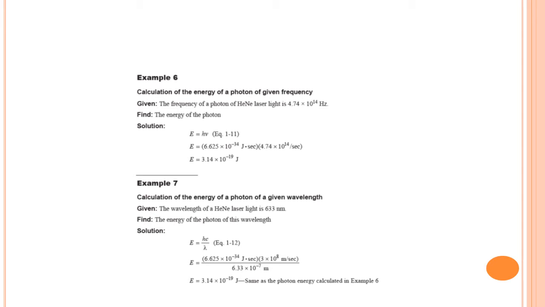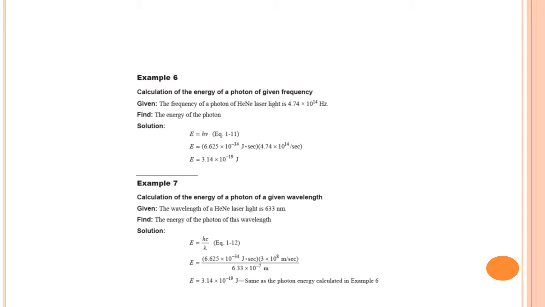So I could also find the energy of a photon by its wavelength. In example 7, we're given that the wavelength of the helium neon laser is 633 nanometers. So we have to find the energy. I'm going to use the equation that my energy is equal to hc over lambda, which is equation 1-12 in our textbook. Planck's constant h is 6.625 times 10 to the minus 34th joule seconds, and the speed of light in a vacuum is 3 times 10 to the 8th meters per second.